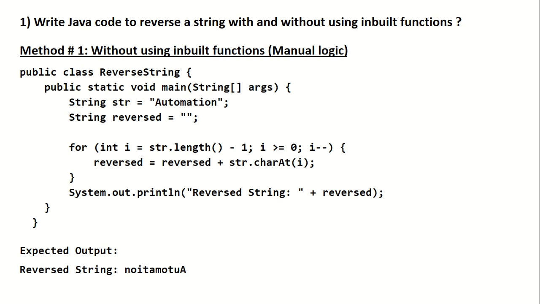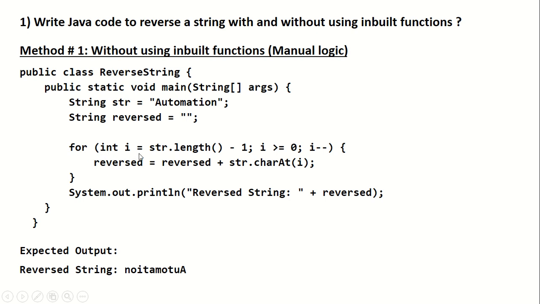The initial question they asked is something like write a Java code to reverse a string with and without using inbuilt functions. Let's start with method one, writing the code without using inbuilt functions. That's the manual logic. Initially we create a class and then create a main method, and inside the main method create a string that needs to be reversed, and then create an empty string and use a for loop.